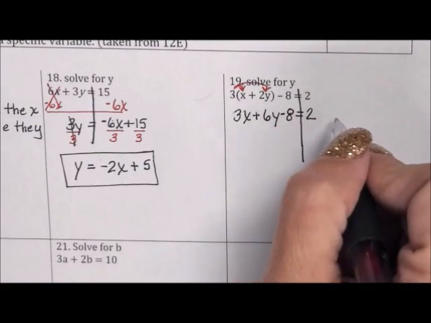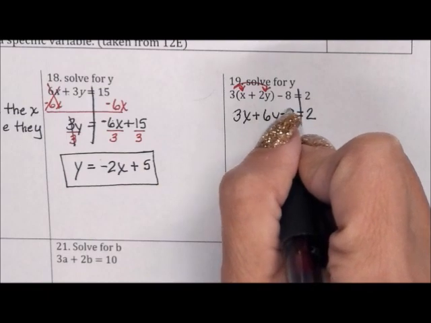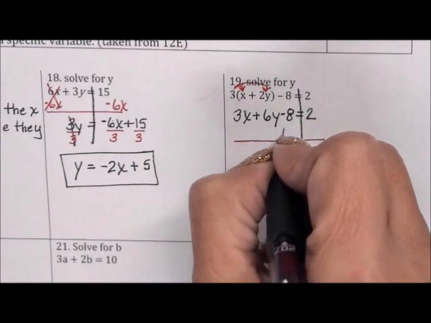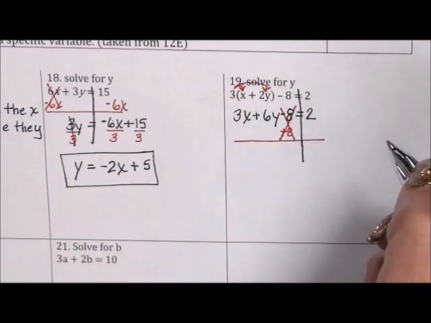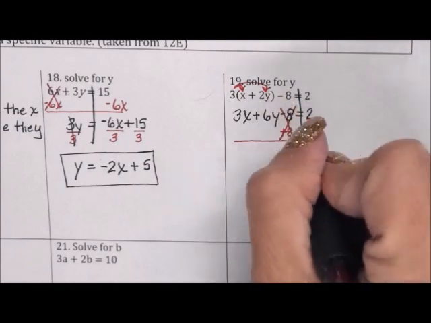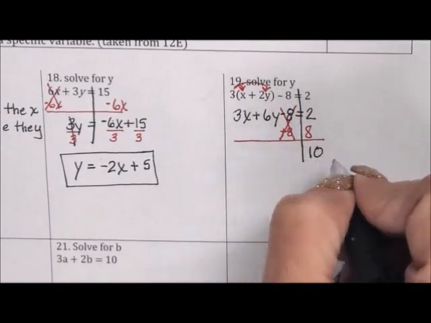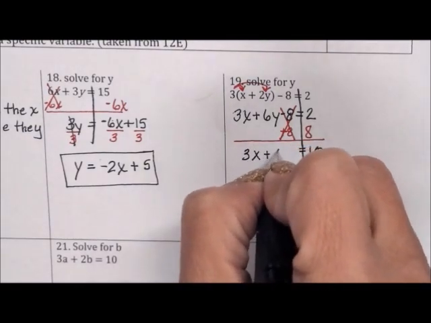Move the x, divide the y. Well, I have to move the x, but I also have to move this 8. So I think I'm going to make the 8 go away first. If I add 8, negative 8 plus 8 would cancel out, right? But if I add 8 over here, I need to add 8 over here. So that'll give me 10. Still going to have 3x plus 6y.